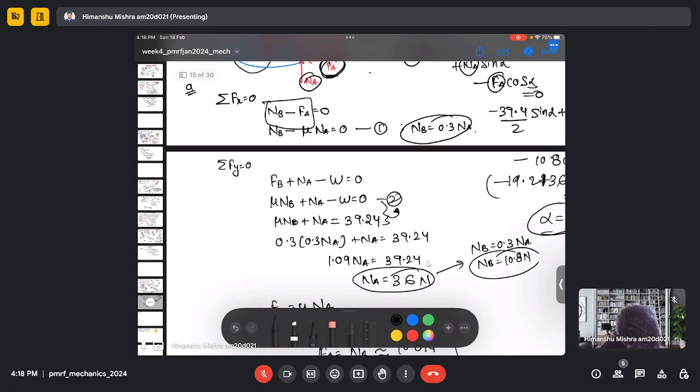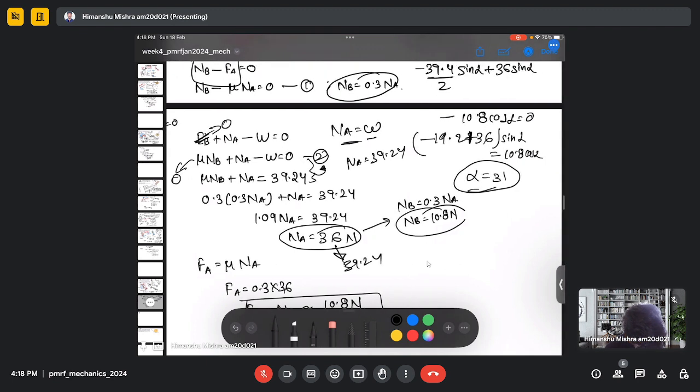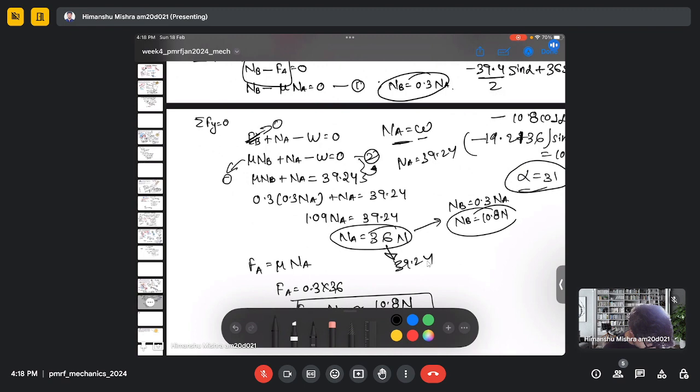So in that case, this quantity will go to 0, and then we will have NA equals W. Okay, this will change the NA actually. So NA will come out to be around 39.24 here. And so NB will also get changed.